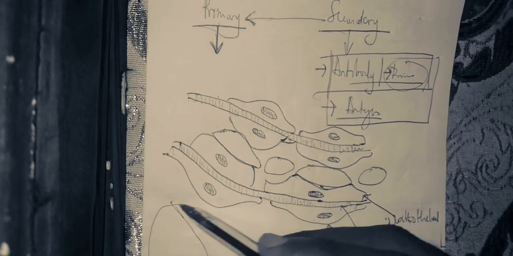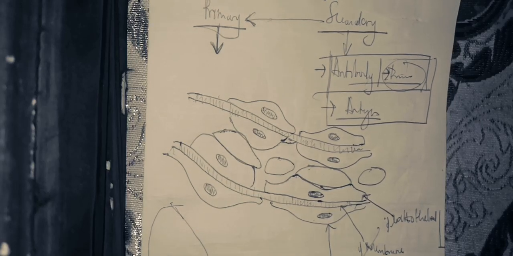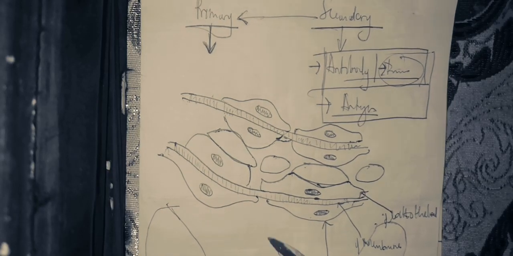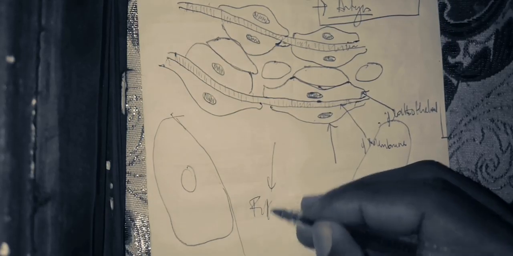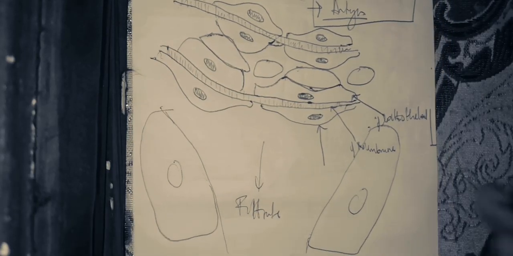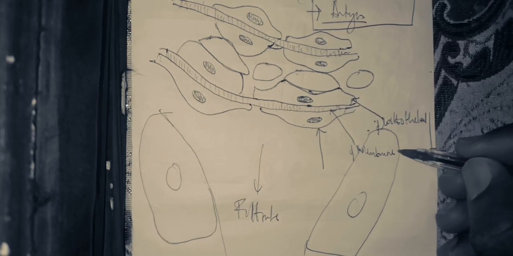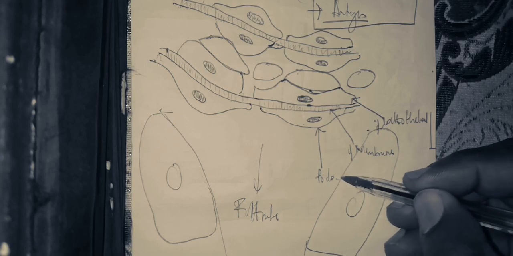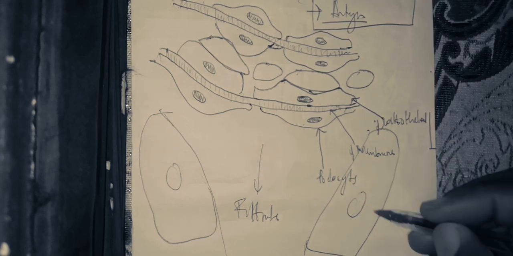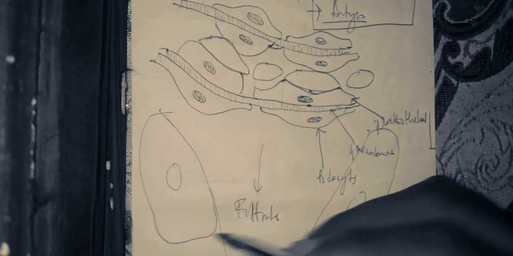So these are the tubular cells down here. Is it clear? And this is the filtrate. Now these are the endothelial cells. This is the membrane, which is the second part, and down here we are going to have the podocytes. Is it clear?